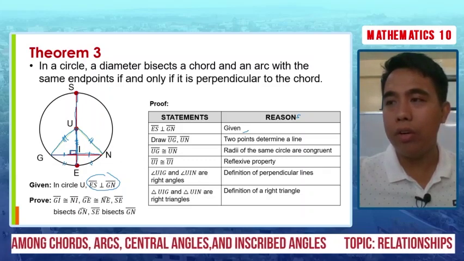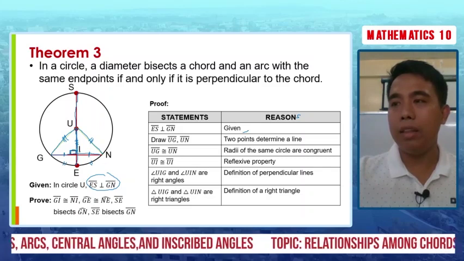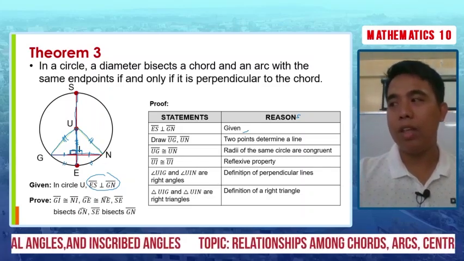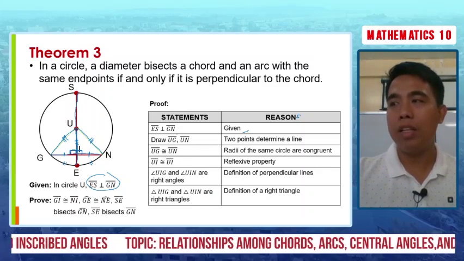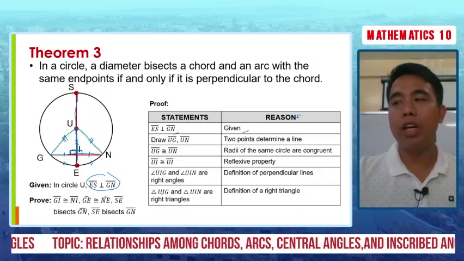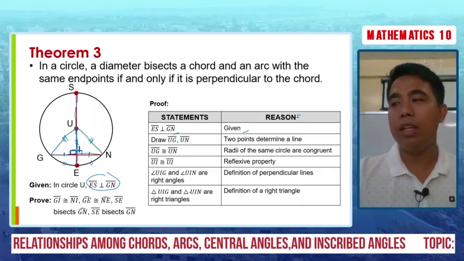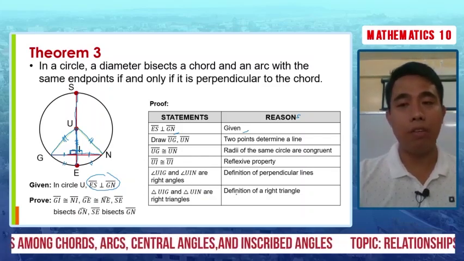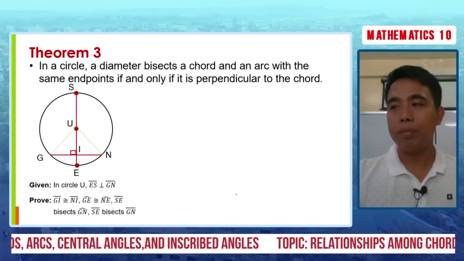And then angle UIG, eto yon, angle UIG daw, and angle UIN, the other angle, are right angles. So definition of perpendicular lines based on the given natin. Perpendicular so they are right angles. Therefore, we can say the triangle UIG and triangle UIN are right triangles by definition of a right triangle. Kasi nga, may right angle silang dalawa.